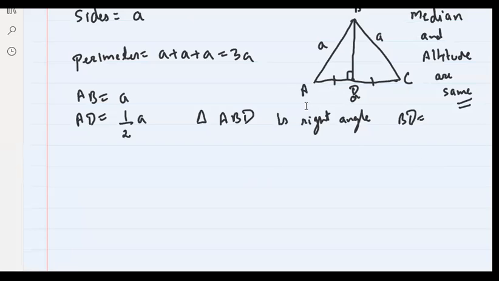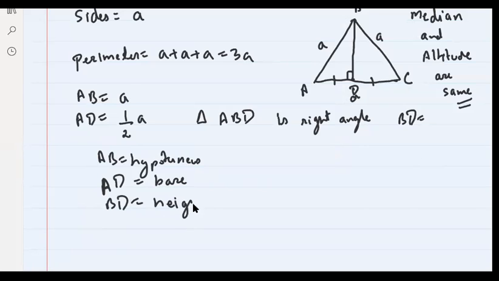Now what do you think? If we have a right angle triangle, what is AB? AB is hypotenuse. AD is base and BD is height or perpendicular.